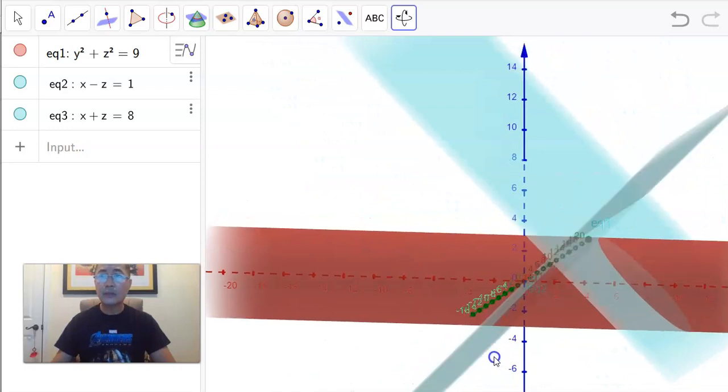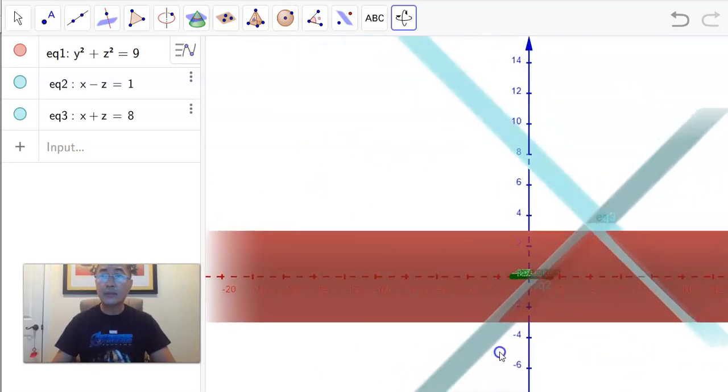It enters through this plane, and oh, I see an 8 over there. That must be because of that 8 over there. So this plane is our first plane, and this plane is our second plane. This will be where we enter the solid, and this is where we exit the solid.